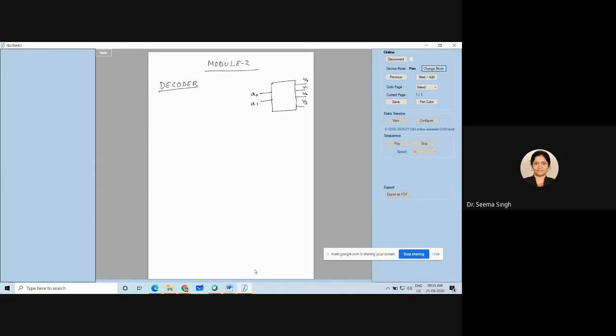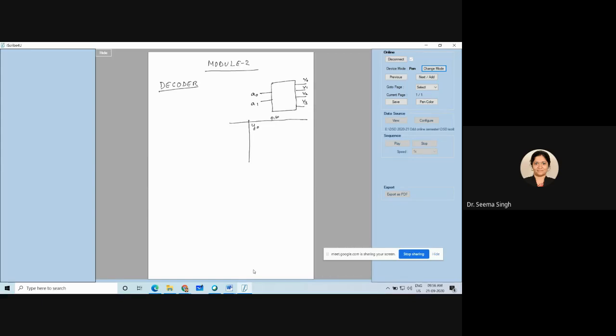The way I am leaving space, the same way you are also supposed to leave the space, because it keeps on complicating as I go on with the complexity of this circuit.